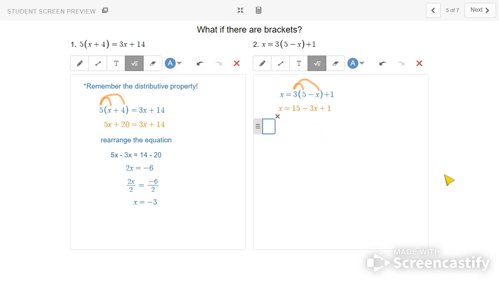Put all the x's on the left-hand side and all the numbers on the right. We have x plus 3x equals 15 plus 1. On the left side, we're collecting our like terms. 4x is equal to 16. And now let's divide by the coefficient of 4. So we have x is equal to 4.